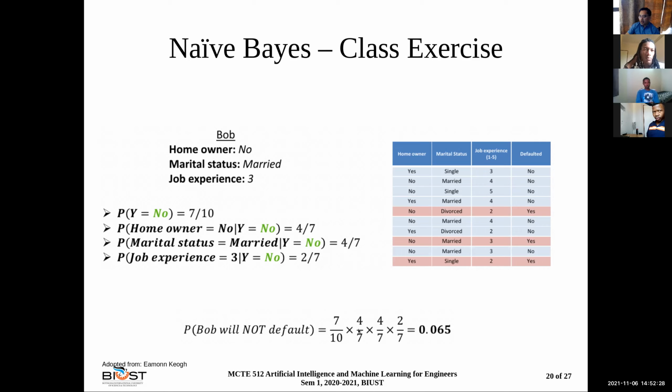We multiply all those probabilities: the probability of the no, the overall output, and then the probabilities of all those other features, given that that person won't default. And so we multiply everything, and we say that the probability is 0.065. So the probability is 6.5%.